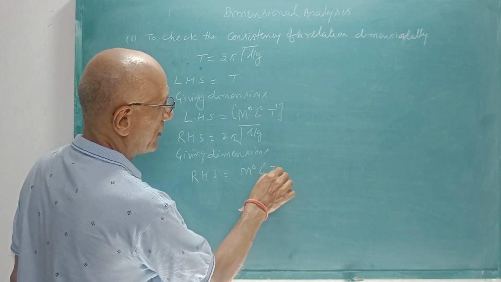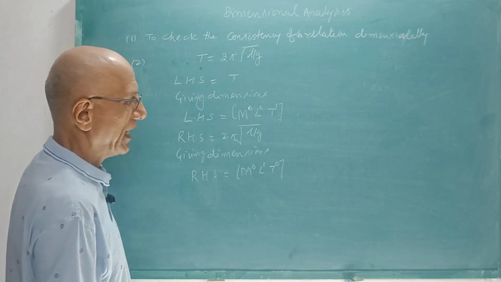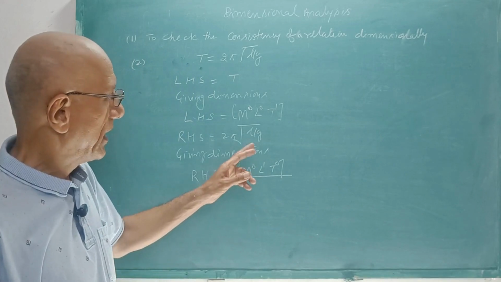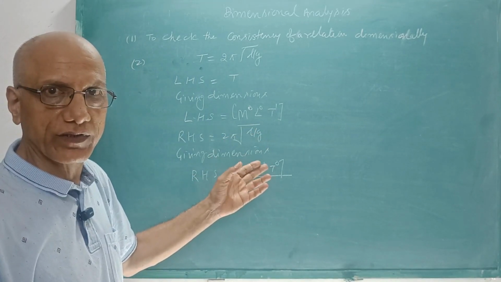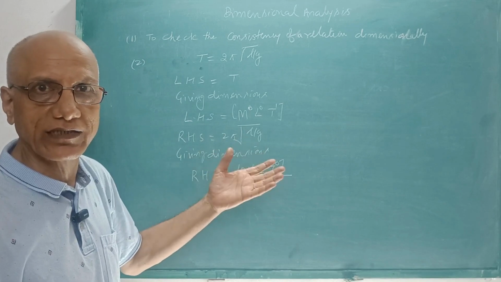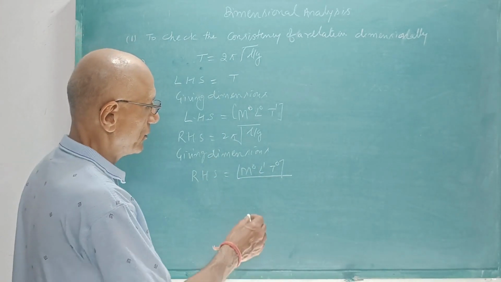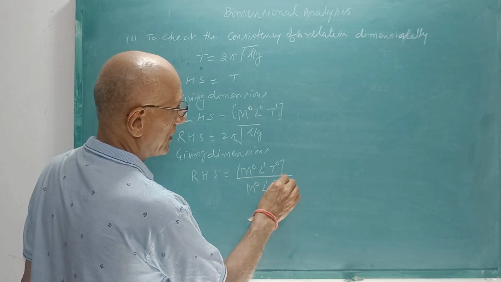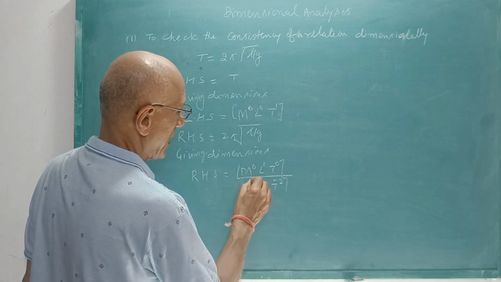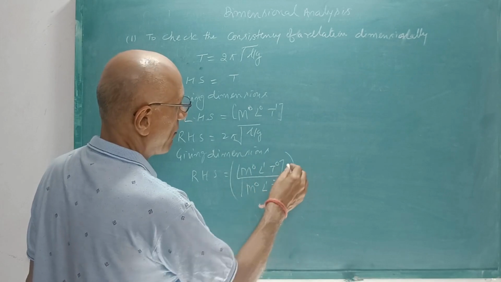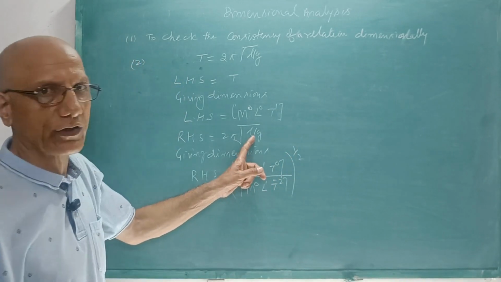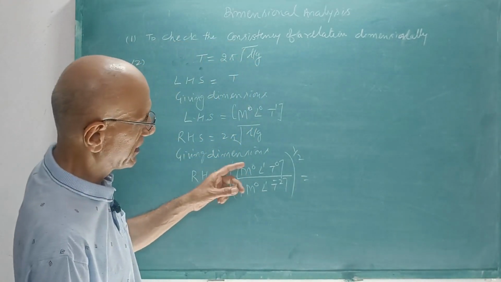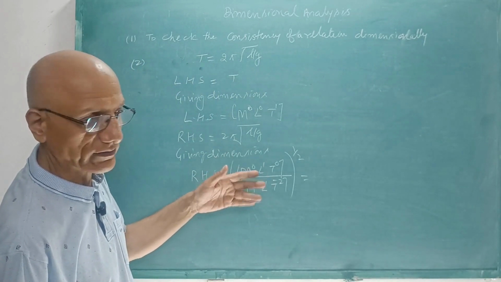So the RHS will become, the dimension of the length is M0 L1 T0 divided by acceleration due to gravity. The dimension of G will remain the same as that of acceleration, so the dimension of acceleration is M0 L1 T minus 2. And this whole power half, because this is under root.